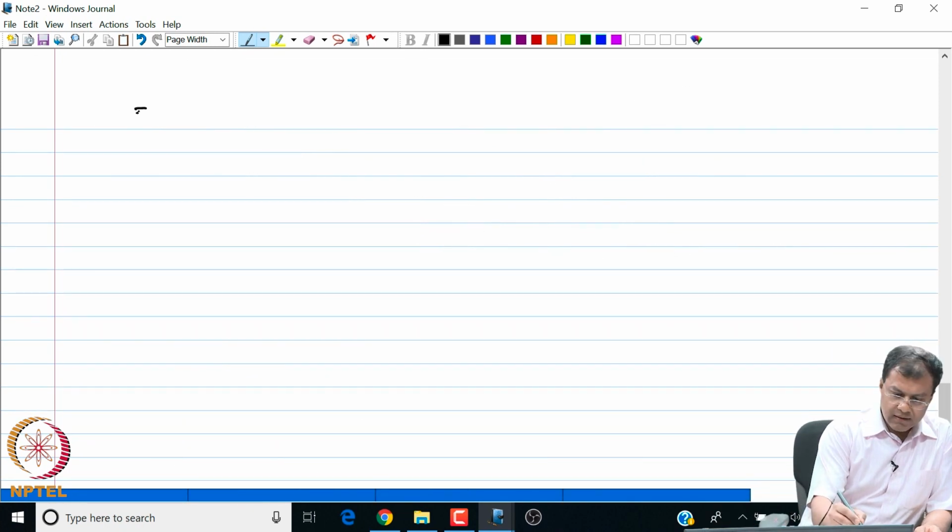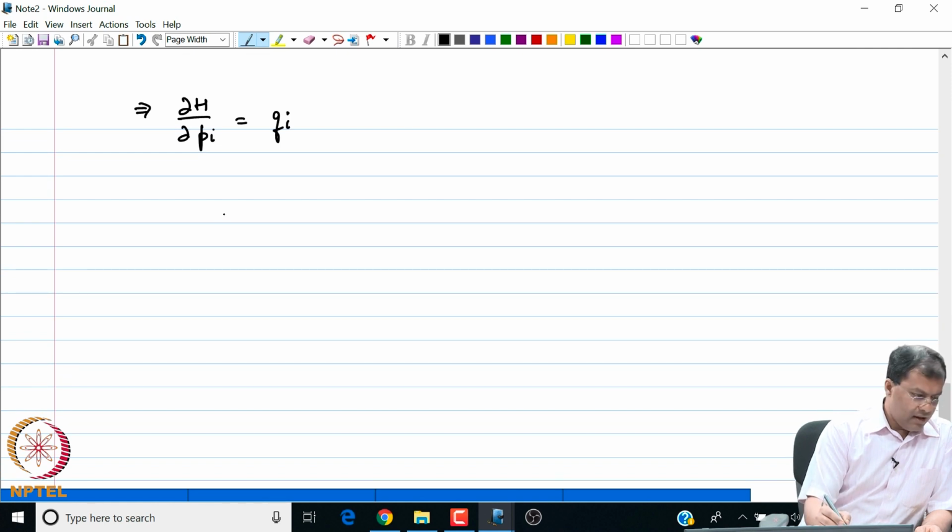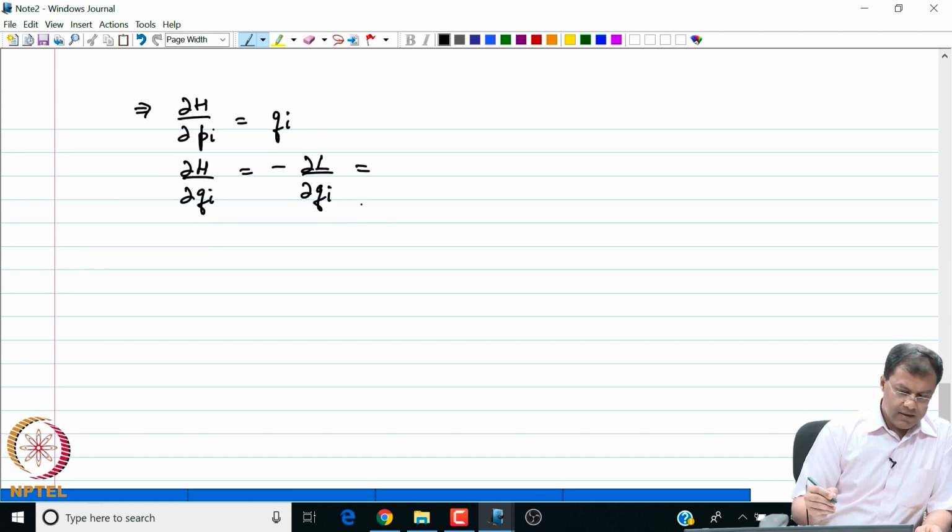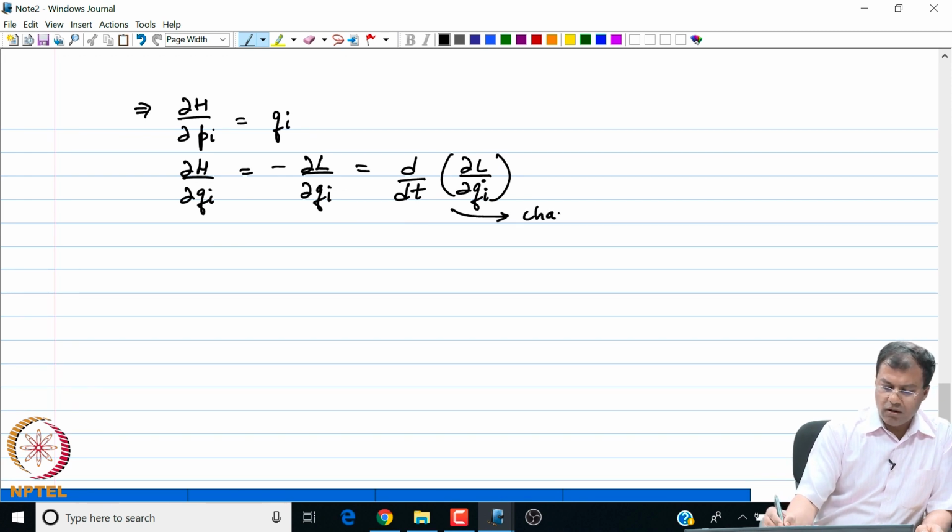So partial H partial Pi is equal to Qi dot, and partial H partial Qi is minus partial L partial Qi, that is from the definition of the Hamiltonian. But using the chain rule, this is also equal to d/dt of partial L partial Qi dot. The last is via the chain rule.